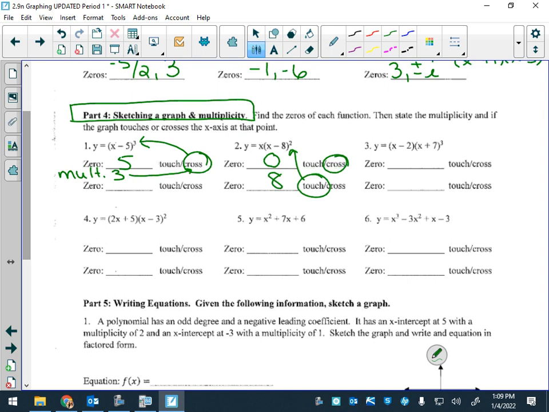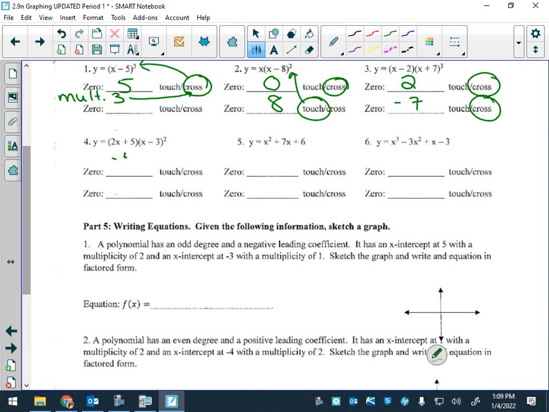So then for number 3, the zeros were 2 and negative 7. At 2 and negative 7, what's happening? They're both crossing. Okay? And we already know these zeros. That's why I'm going pretty quickly with this.